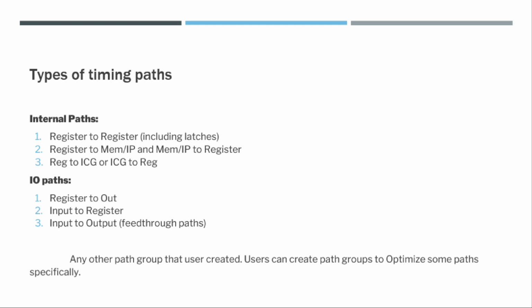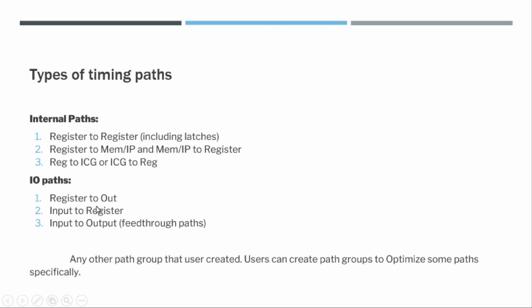Okay, now next is IO paths, also called interface paths. These interface paths are basically starting from some other block or the port to the block. So for the block, it is coming from the input port or going to the output port. Okay, so register to output port or input to the register, these are the two different paths.